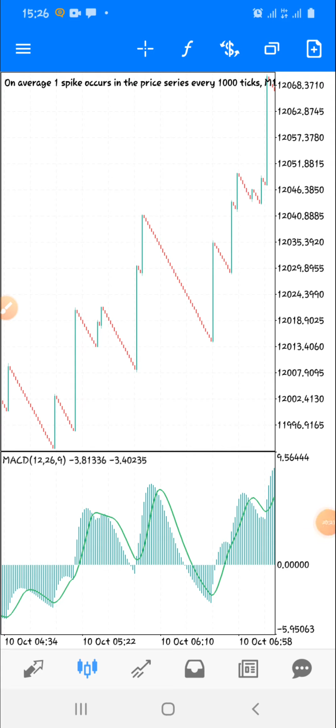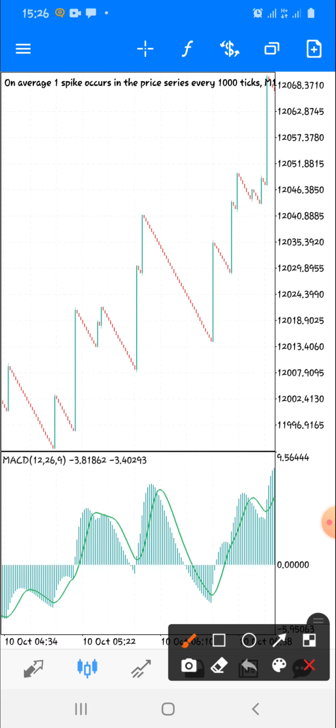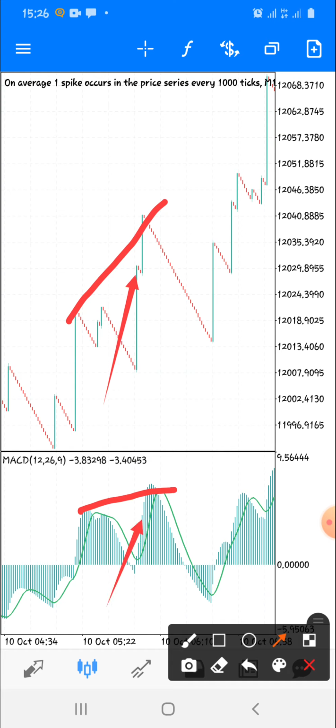So, another example here: we can draw a line here, and then we draw another line here. You see here the line is a little bit sloping, and here the line is almost horizontal.